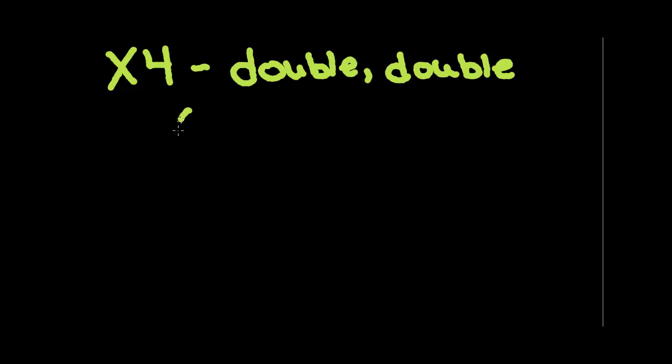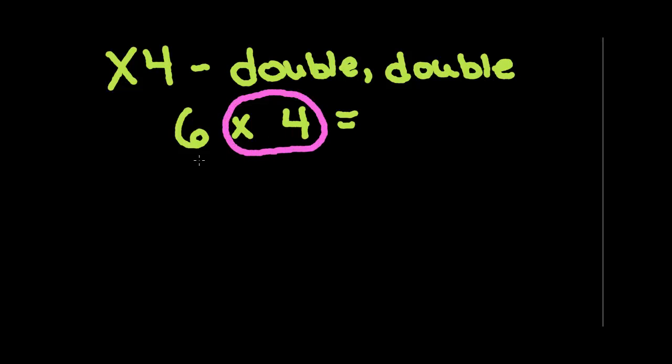So if we had 6 times 4, we would circle the times 4 because that's the rule that we're using, and we'd underline the 6 because the action is going to be on the 6. We need to double the 6, and then double that answer again.